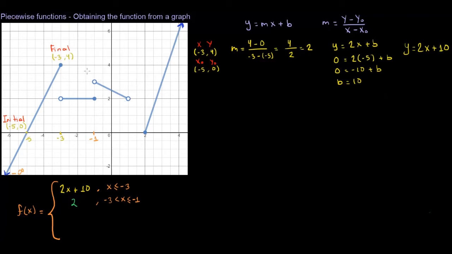So this point will be at positive 3, here on negative 1, comma 3, the first point. And this point is located at positive 1, so it will be positive 1, comma 2. Now we have to identify the final and the initial one. This is the final because it's on the right.